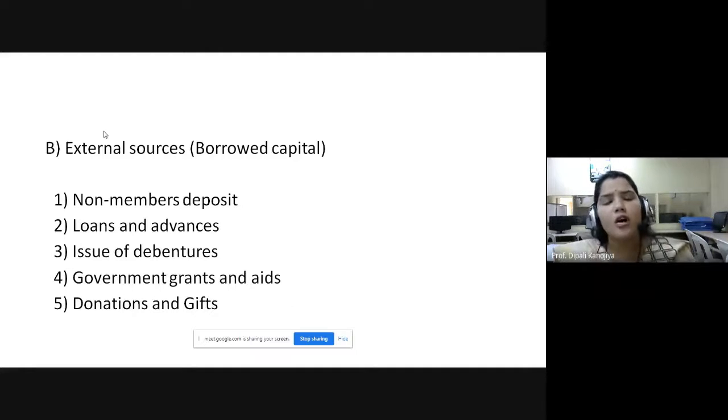Suppose the state cooperative has accepted deposits from the public. It provides money to the district central cooperative societies, which provide money to the primary societies, and the primary society provides it to, say, a processing cooperative society.